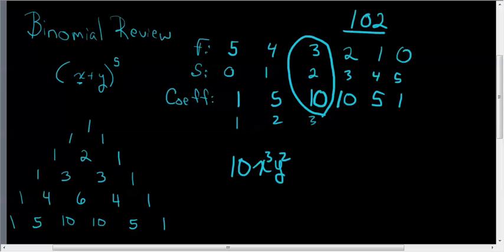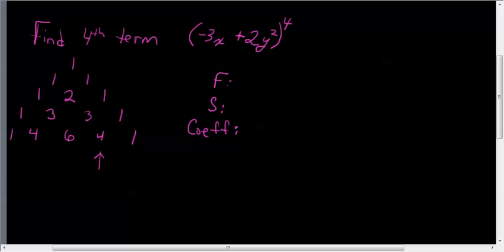So let's look at something new that they're adding, and that would be when the term is more than just x and y. For this term, we're asked to find the fourth term, but it's not x plus y to the fourth. It's negative 3x plus 2y squared to the fourth. All right, we're going to do the exact same thing.